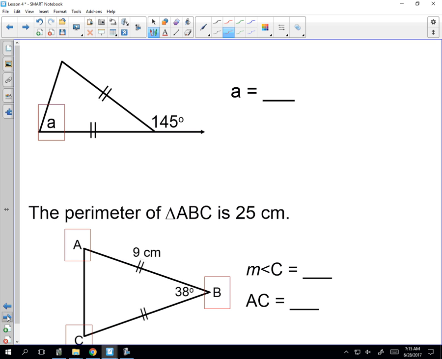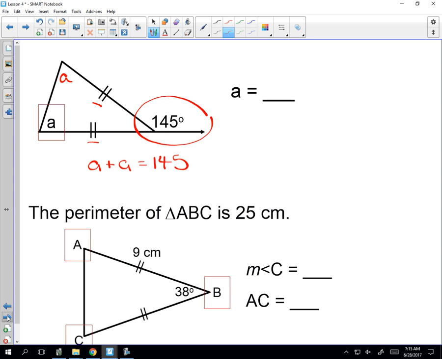Last little bit of review here for a couple examples. Remember our exterior angle theorem. We've got a 145 on the outside. We have an isosceles triangle based on tick marks on the sides, congruent side lengths. So now I can fill in. So I know that A plus A equals 145.